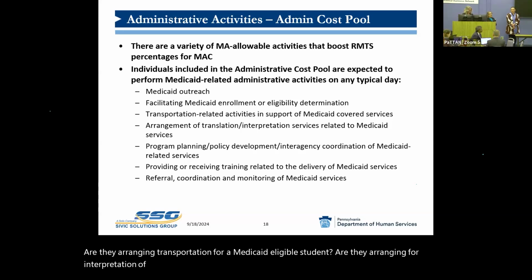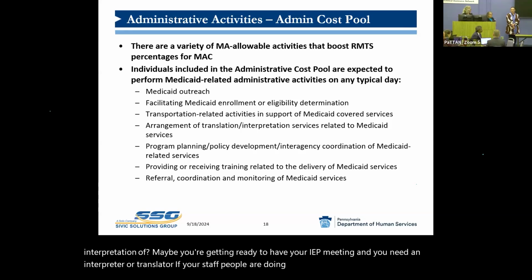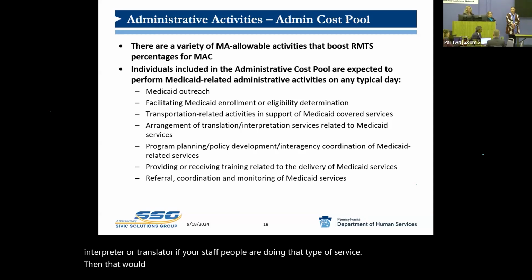Maybe you're getting ready to have your IEP meeting and you need an interpreter or a translator. If your staff people are doing that type of service, then that would constitute a billable moment if they responded correctly that way.